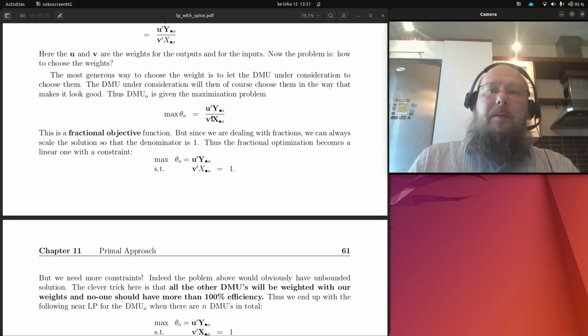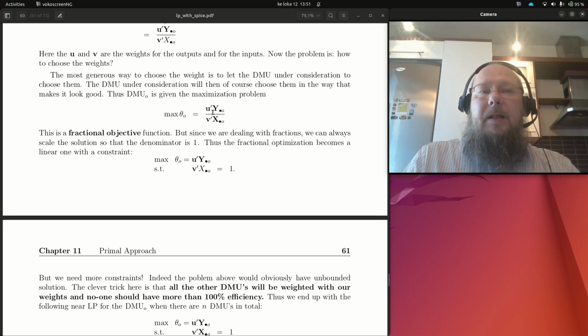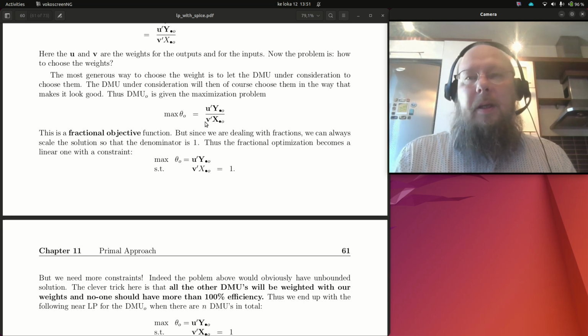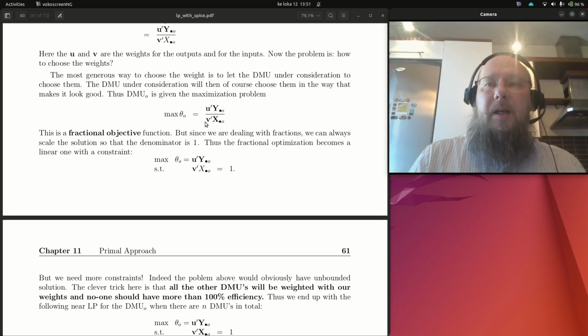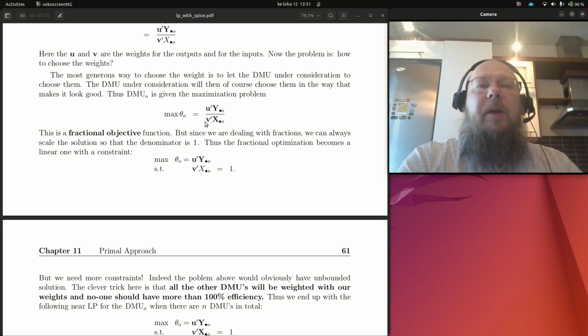But now we have a neat trick that solves this problem. Since this is a fractional number, if I multiply the numerator by some number alpha and divide by the same number alpha, nothing changes. And if you think about it a little bit, this means that we can normalize this system so that we can always assume that this denominator here is 1.